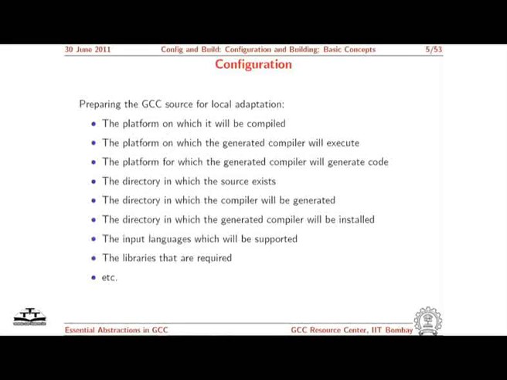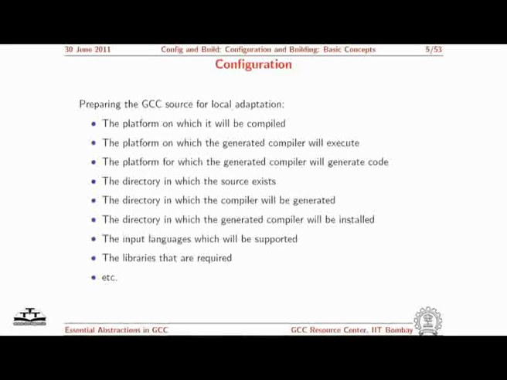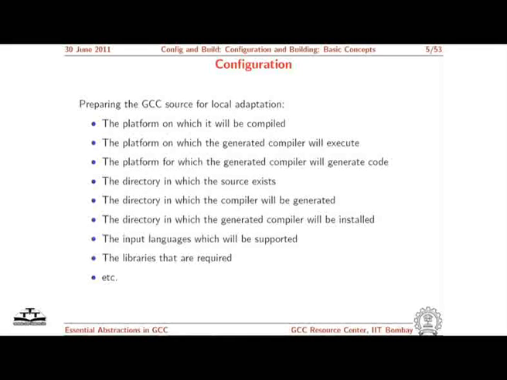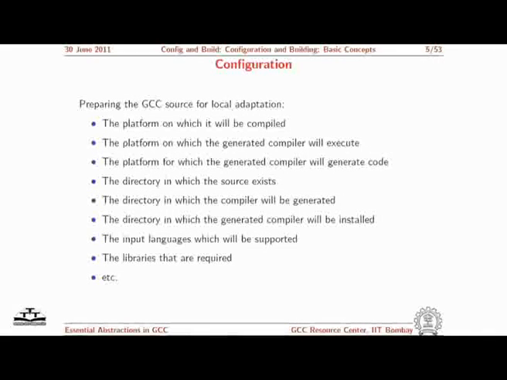It can be compiled on many, many platforms. So when we get the source code, we have to prepare it for our specific purpose. It's a general code. So we have to define the platform on which it will be compiled. I get a C source code, and I'm going to compile it on an i386 machine. I'm going to compile it on a Sparc machine. So these are the kind of things that we have to specify.